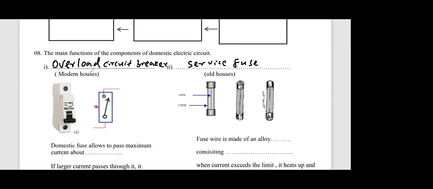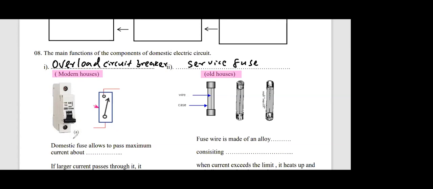Let's see how it works. I have given here modern houses and old houses, right? Modern means new; maybe your grandparents' house, about 20-30 years back, must have this service fuse. Both have the same function.